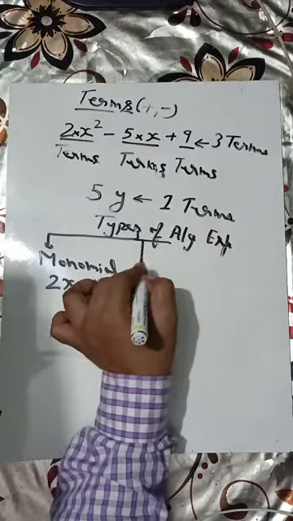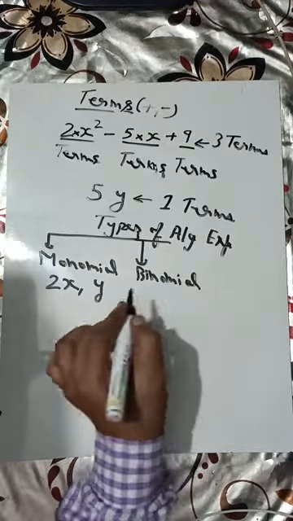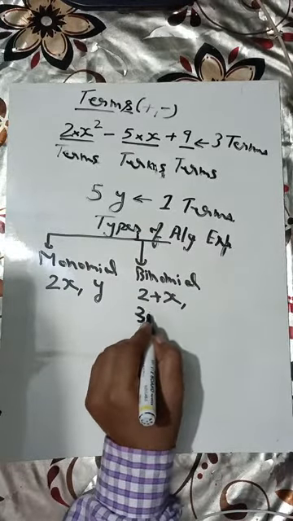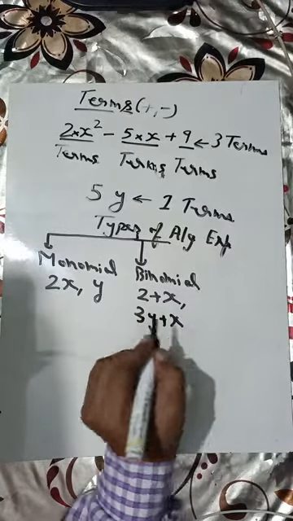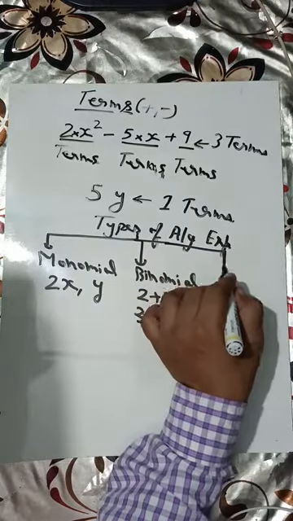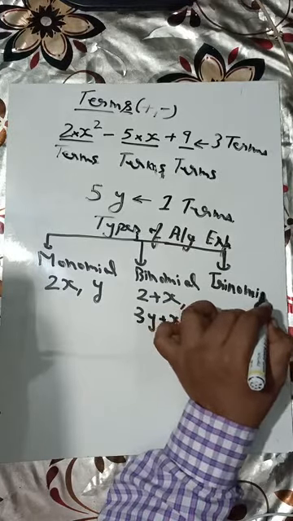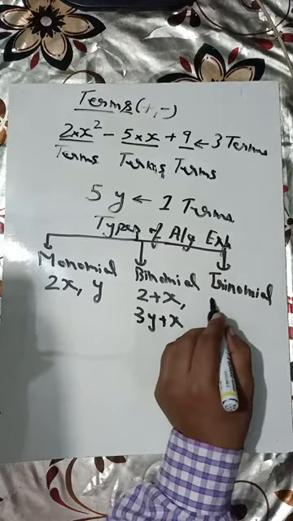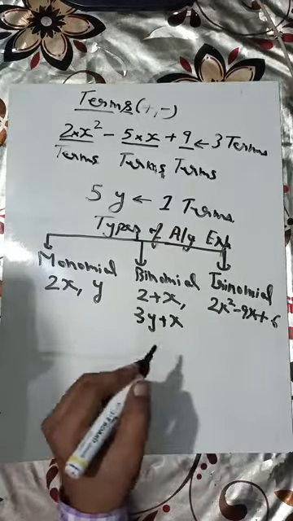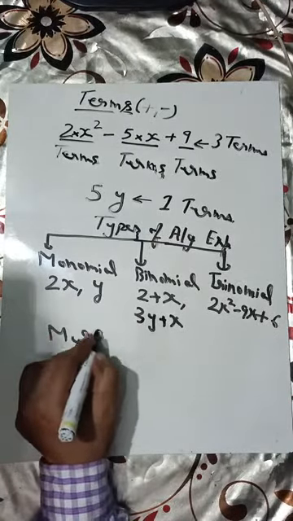If there are 2 terms, it is called a binomial, like 2 plus x, or 3y plus x. This also has 2 terms. And if there are 3 terms, it is called a trinomial, like 2x square minus 9x plus 6.